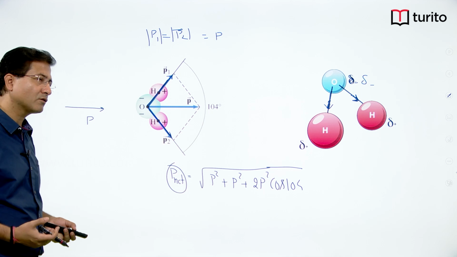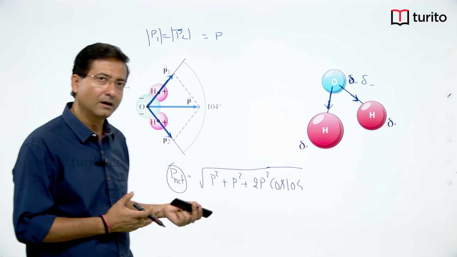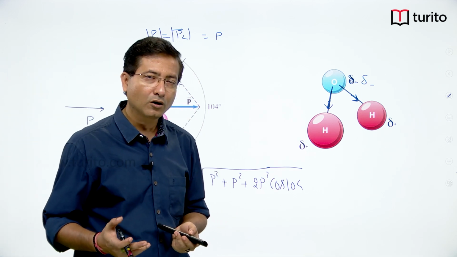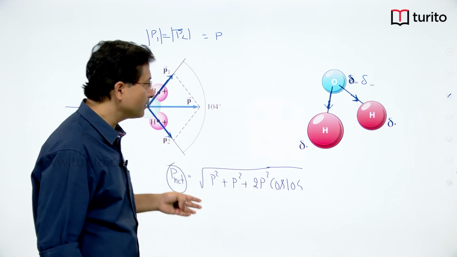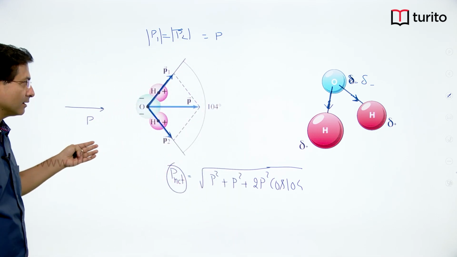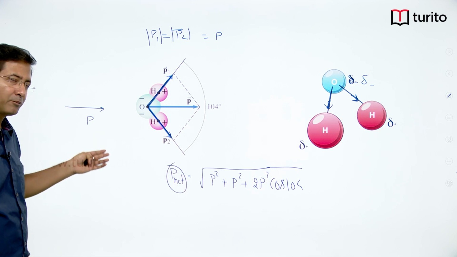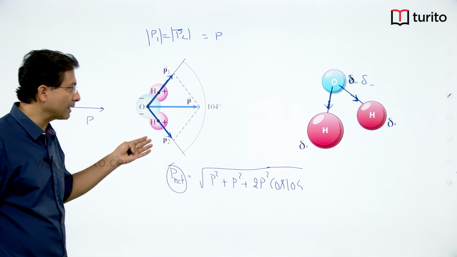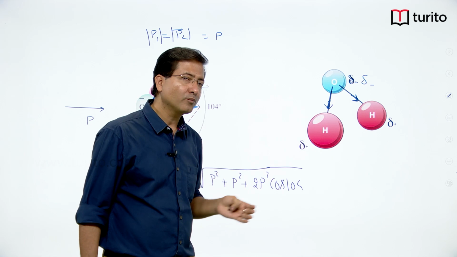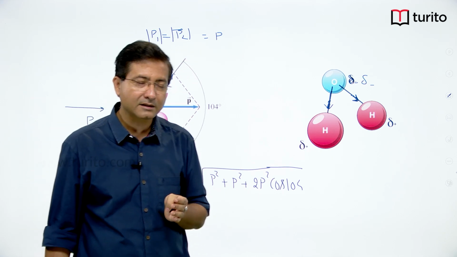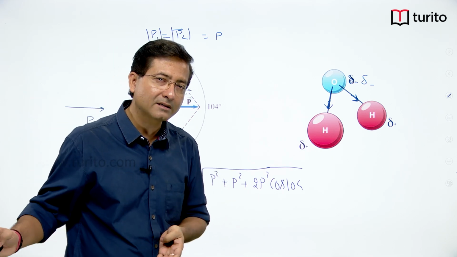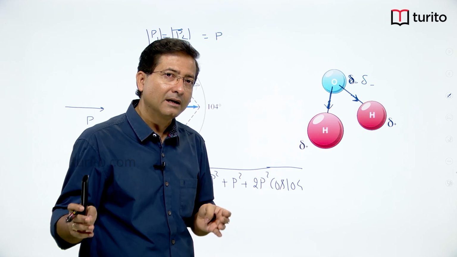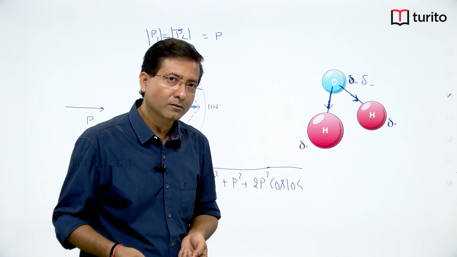There are two types of dipole, one polar and another non-polar. These are coming in the category of polar dipole, so polarity is already there. Non-polar dielectrics are those where, when you apply the field, they get polarity.